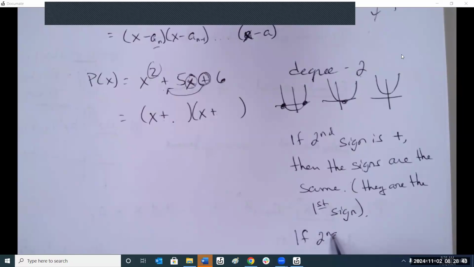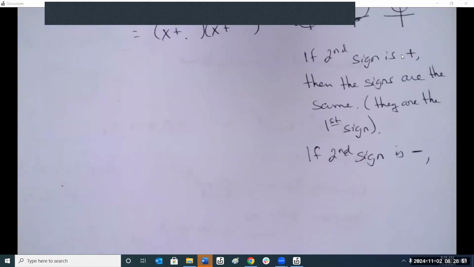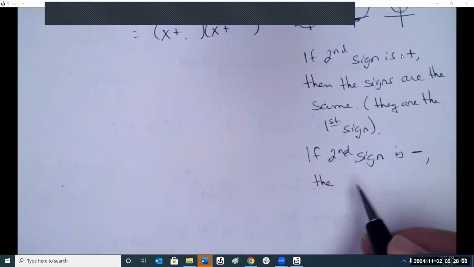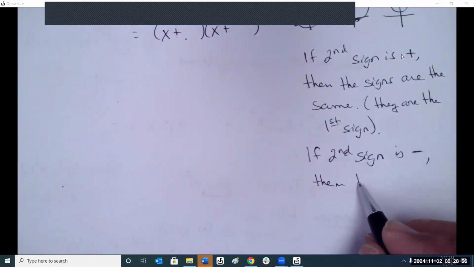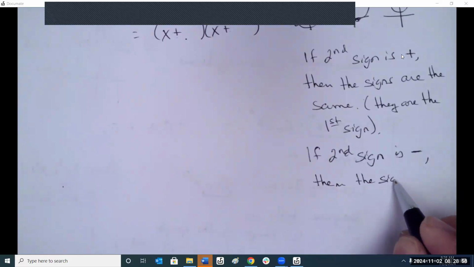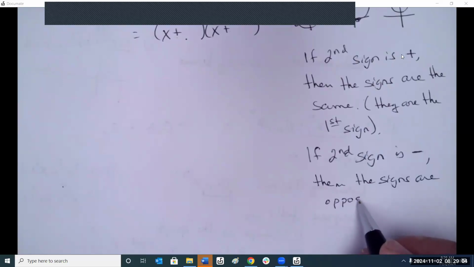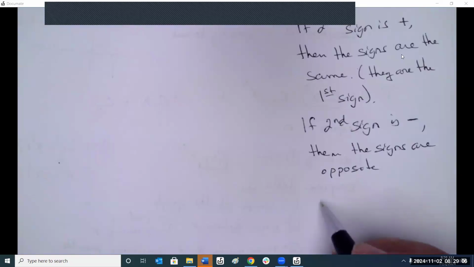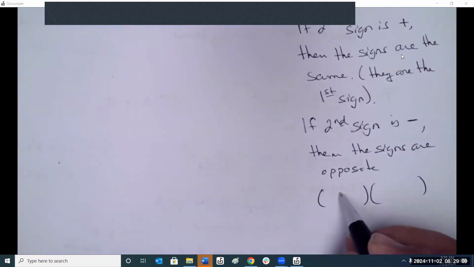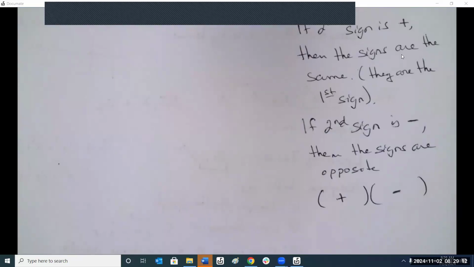If the second sign is negative, then the signs are opposite. One's positive, one's negative.